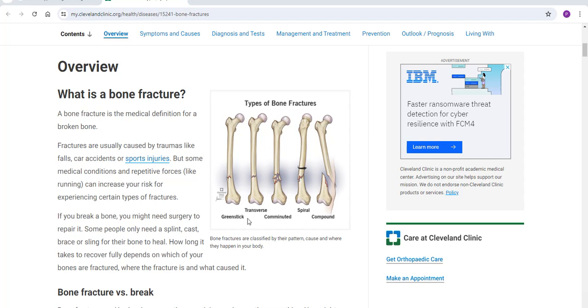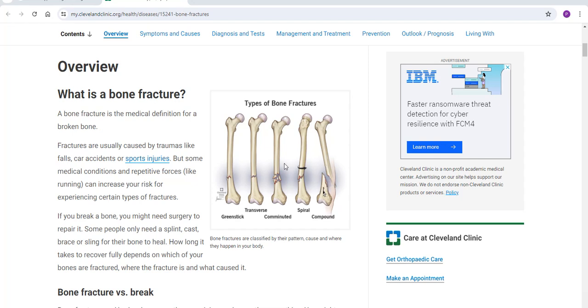A greenstick fracture is a minute fracture in the bone. Transverse is the transverse location, comminuted means multiple fracture segments, and spiral is in a spiral shape. Compound is a more complex fracture than all of these, where the bone comes out of the skin.